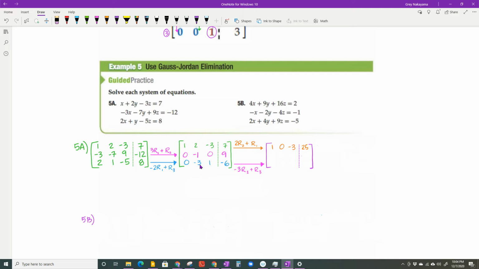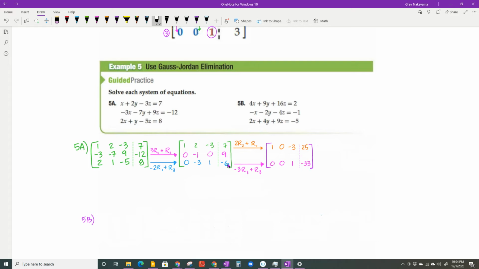So my 0 is going to stay 0. 3 plus -3 is 0. 0, right here. 0 times -3 is 0, and 0 plus 1 is 1. And then 9 times -3 is -27. And -27 plus -6 is -33.